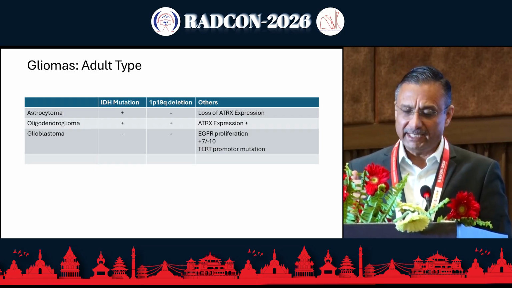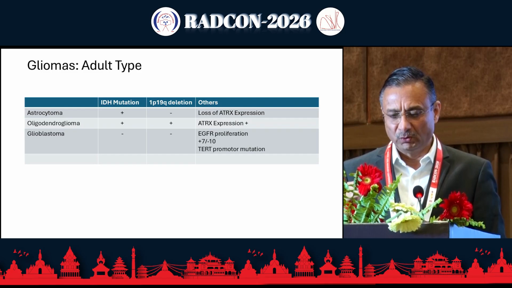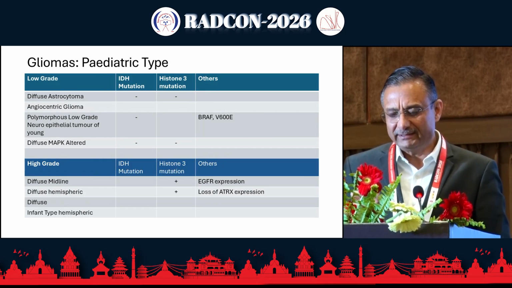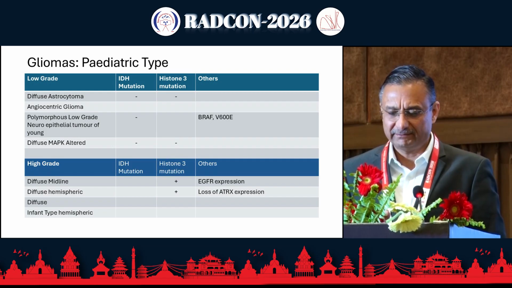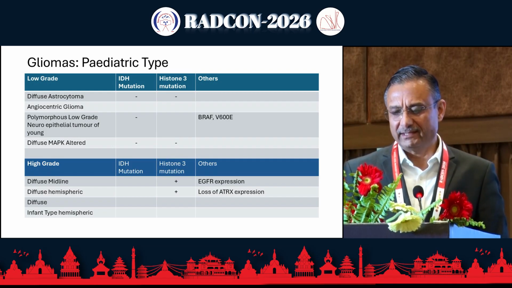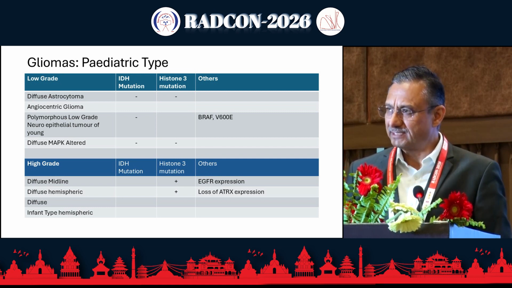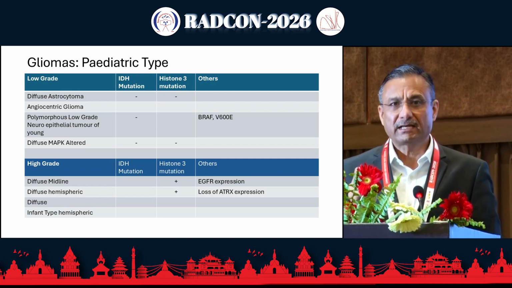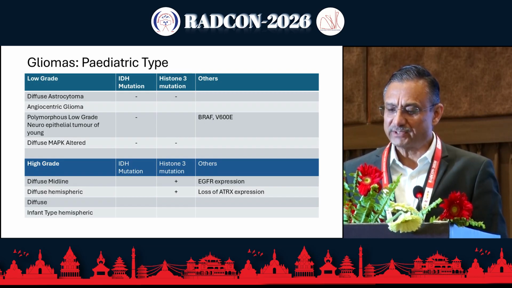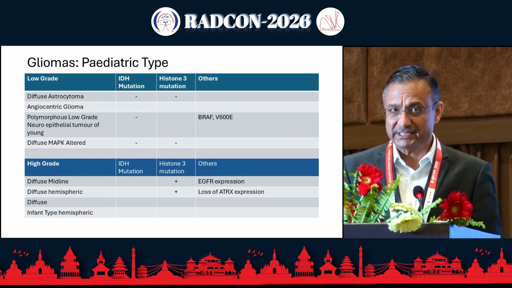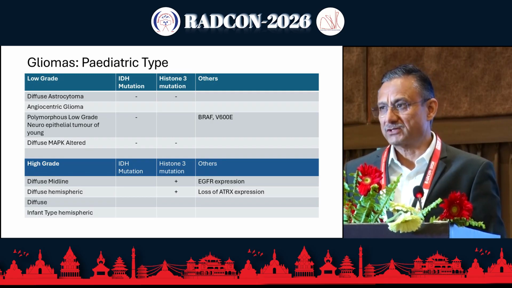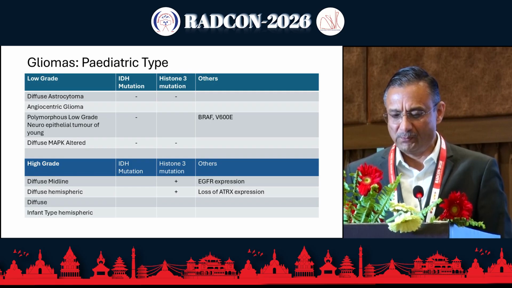Pediatric type are divided into low grade, high grade, and another variety known as infant type hemispheric high grade. These further have certain names in them. As far as circumscribed are concerned, these are pilocytic astrocytoma, high grade astrocytoma with piloid features, which is a new addition in this 5th edition, and astroblastoma, which again is new.